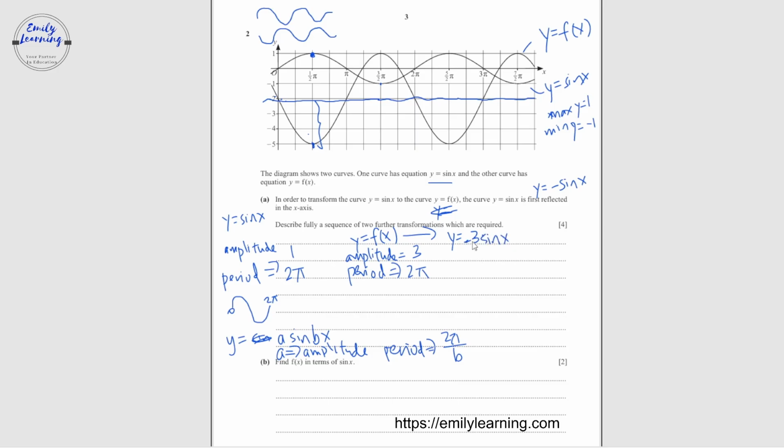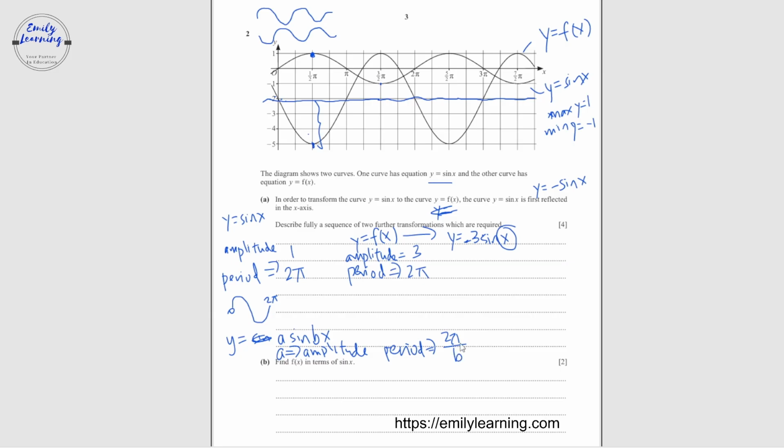Okay, why negative? Because it has already been reflected in the x-axis, so your sine x becomes minus sine x. Then the amplitude is 3, so you need to have a 3 here, so multiply by 3. The period is still 2 pi, so that means the x remains as x.